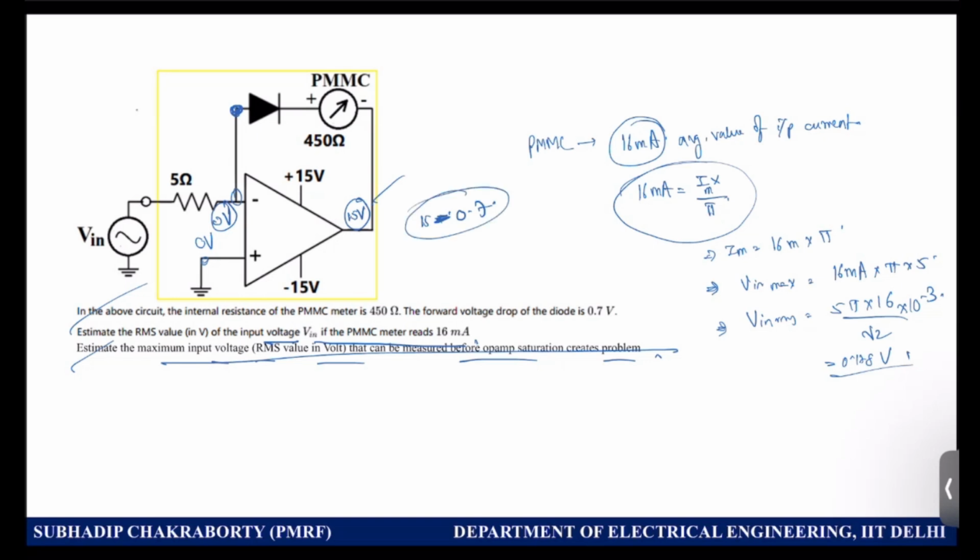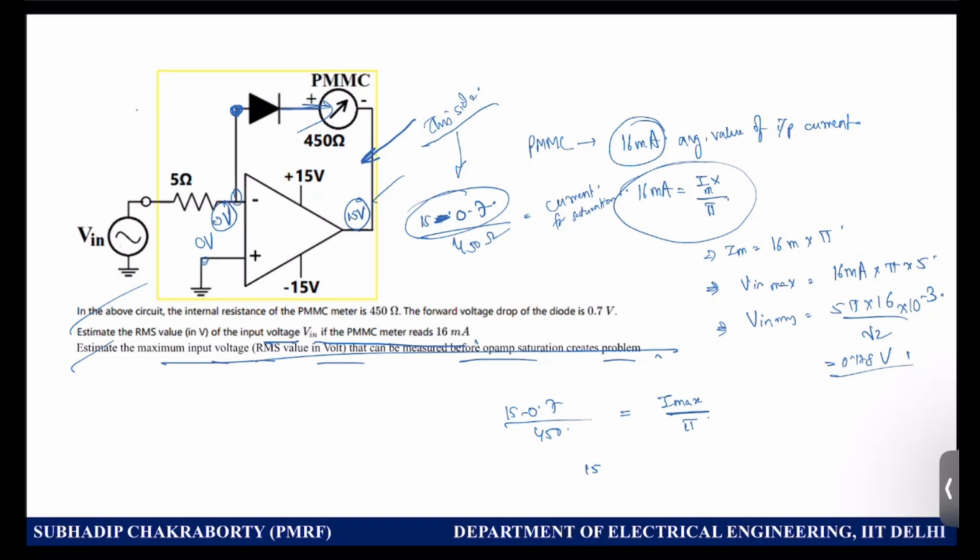So if the voltage is 15 minus 0.7 on this side, then we have the saturation. So 15 minus 0.7 by 450 ohm is the current for saturation. Now this current is flowing through the PMMC, which is nothing but the average current. So this is nothing but Imax by pi.